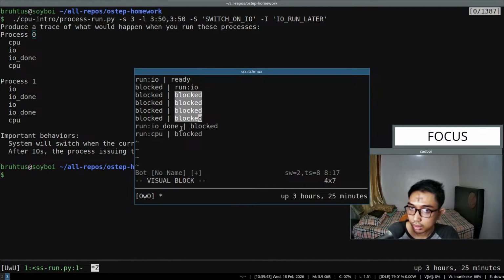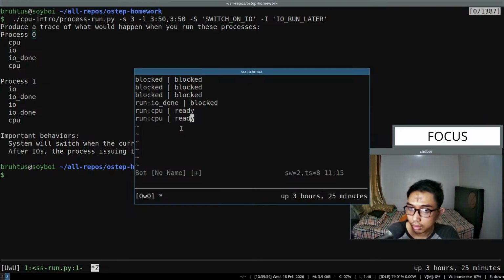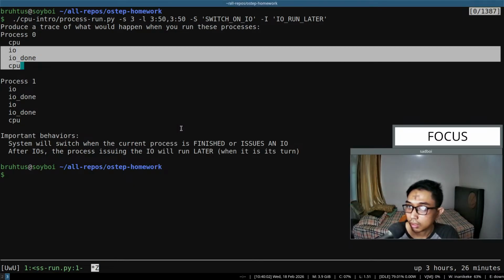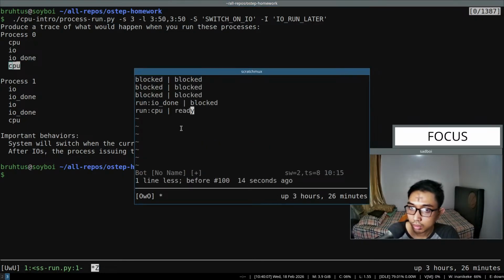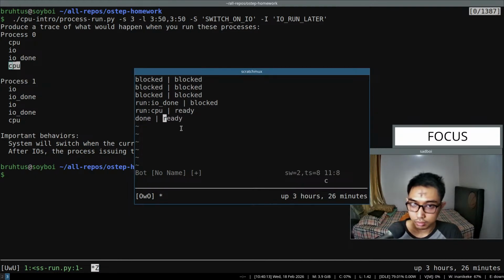I deblock this 5 times. So is this becoming ready? I think. Oh, sorry. Okay, no, that's you're running the CPU. Okay, ready. And then this one is done. And then this one runs input output again.